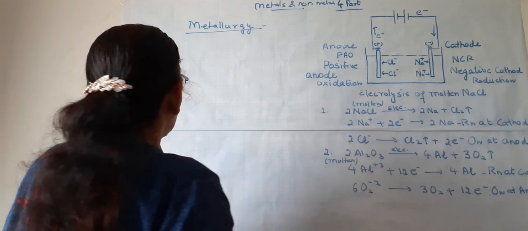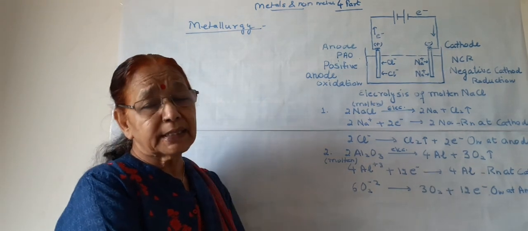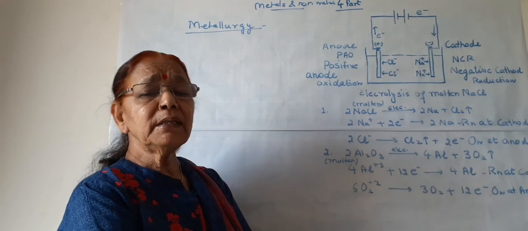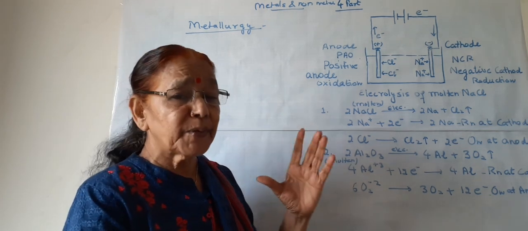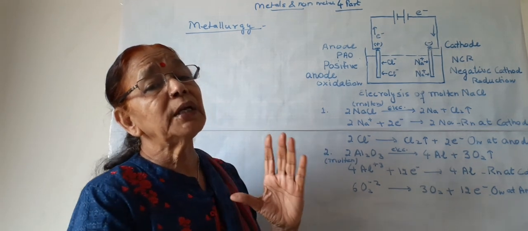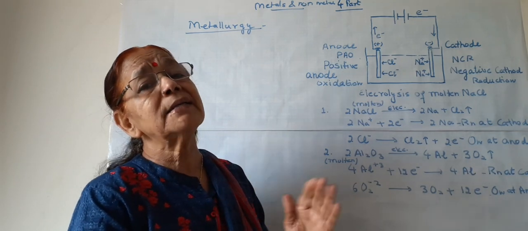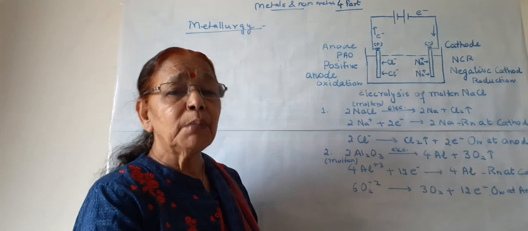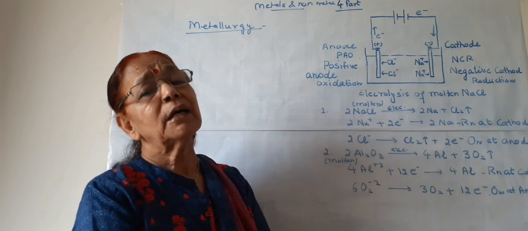So now we understand what this is. In nature's crust, minerals are present, and what are these minerals? These minerals are substances which are found in the earth crust along with metals and some other impurities like sand, mud, rock, clay or other chemical compounds.